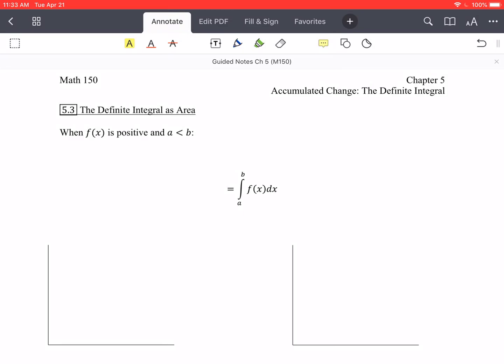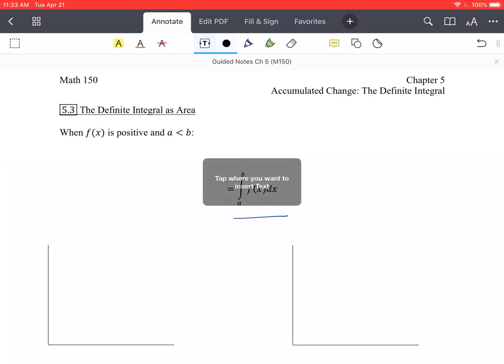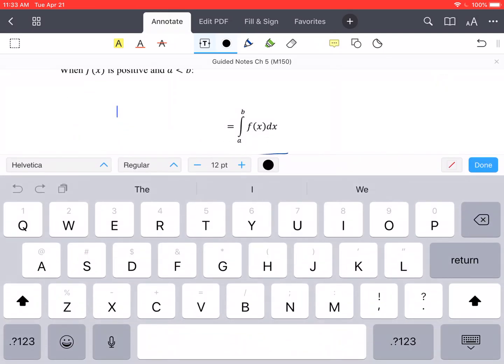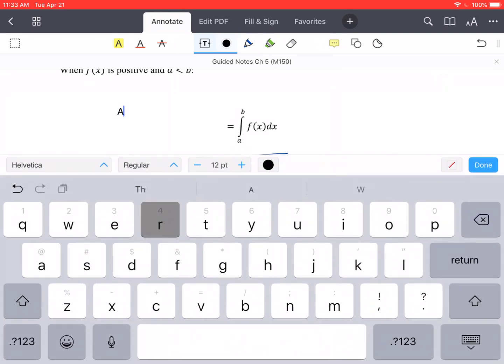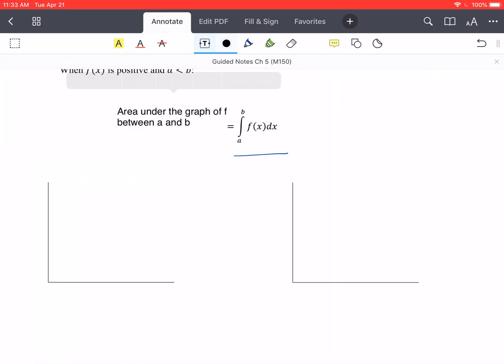So when we're talking about the definite integral, we have the integral from a to b of f of x dx. We say that that is equal to the area under the graph of f between a and b.